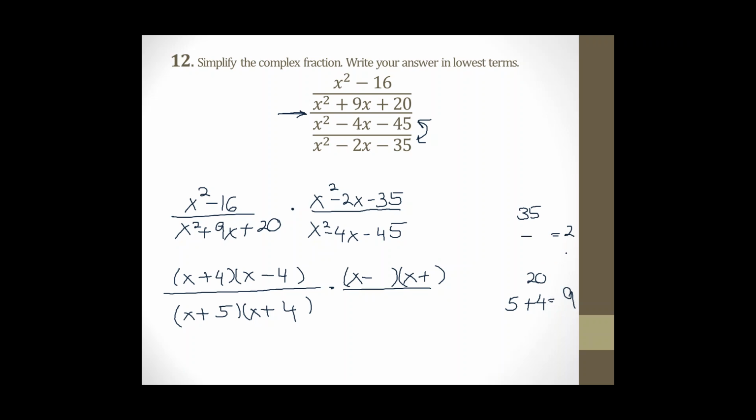So if you guys worked ahead, what are the factors of 35 that will subtract to give me 2? 5 and 7, bingo. And yes, because the 7 is a larger number, the 7 should go first if I do my signs, and the 5 second, because I'm getting a negative 2 once I subtract.